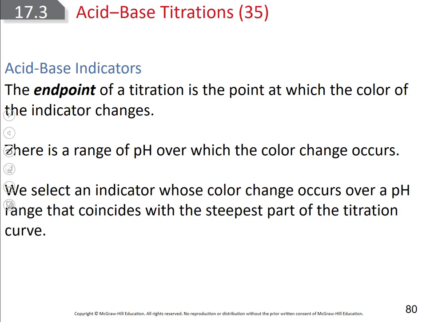The equivalence point is where you had equal moles of acid and base, assuming 1-to-1 stoichiometry. If it's not 1-to-1, at least equal moles of your hydrogen ion from your acid and your hydroxide ion from your base. The end point is where you see a color change. You want to pick an acid-base indicator that has an end point close to what you expect the pH of your equivalence point to be.